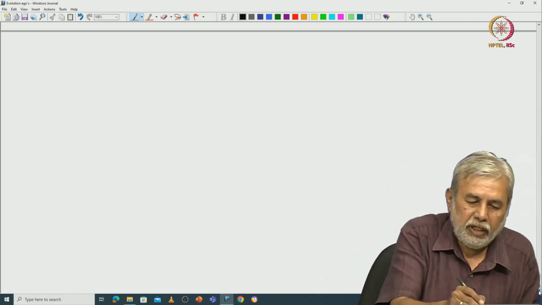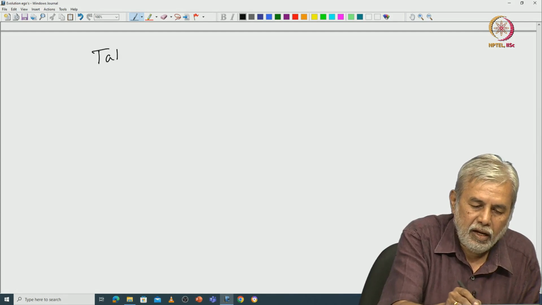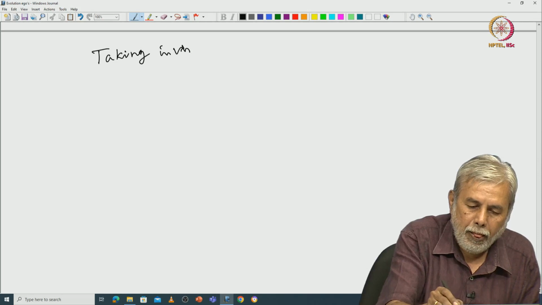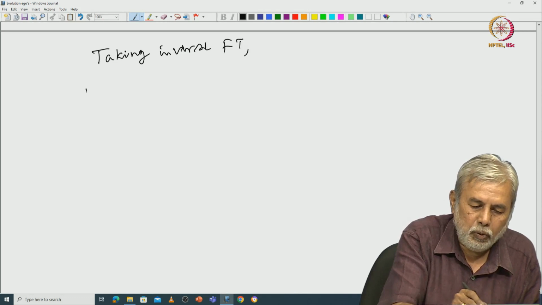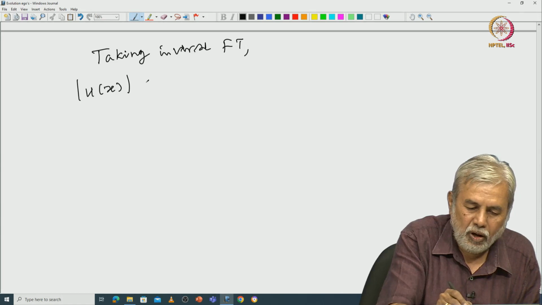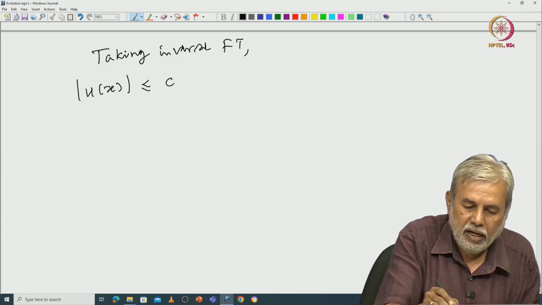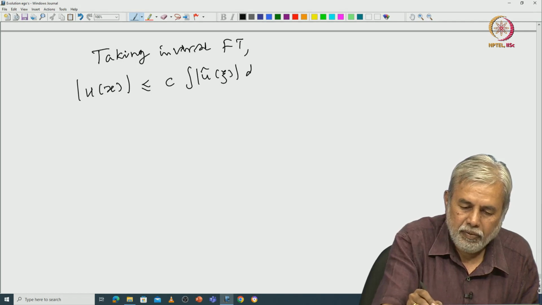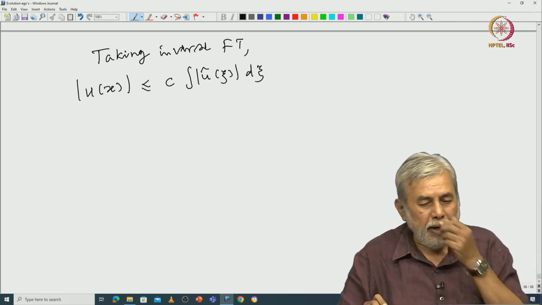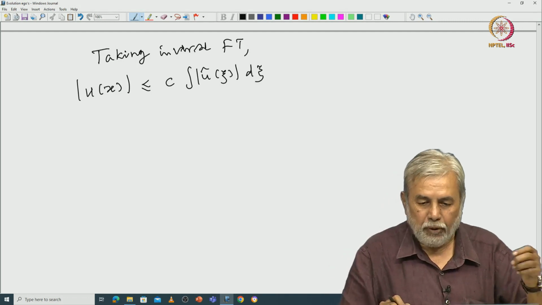So, now that is what we want to do. Taking the inverse Fourier transform, we get u of x is less than or equal to some constant times the integral of u cap chi dchi, because we have concluded that u cap is in L1.